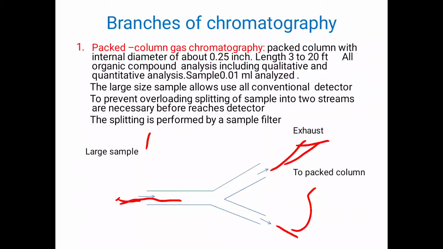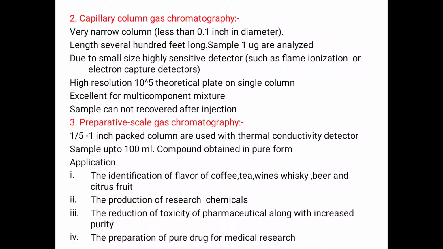Then the second type is capillary column gas chromatography. In this, a very narrow column, generally less than 0.1 inch in diameter, is used in capillary form, and the length of the column is several hundred feet.